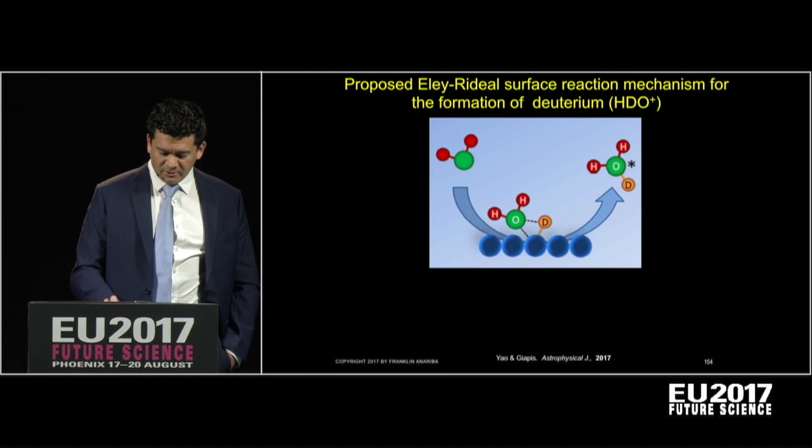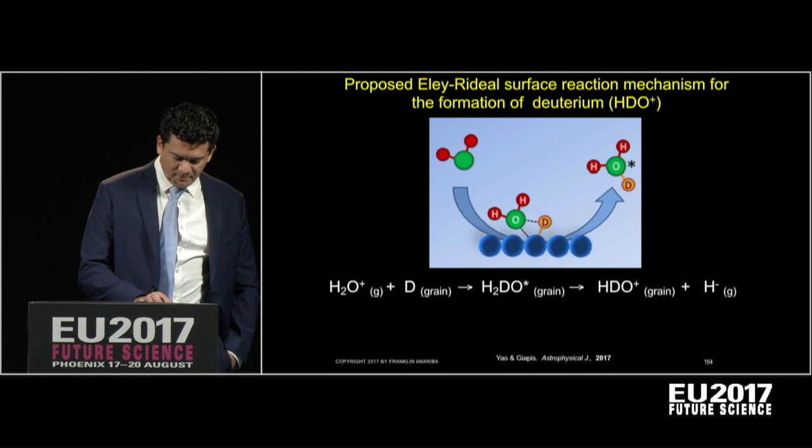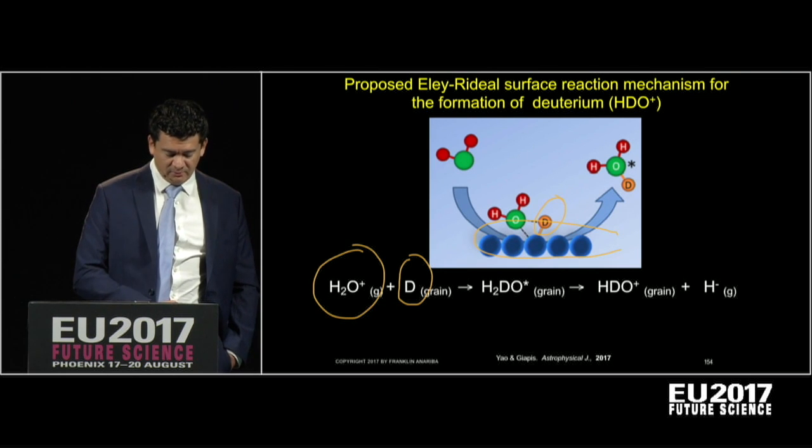Now, in this particular model, and let me bore you here a little bit with chemistry, but it's actually simple. We have a surface which is rich in deuterium, and you can see the deuterium right here. Okay, so that represents this grain that I talked to you about. And if you have water ions with the correct energy, then it will form a complex shown over here.